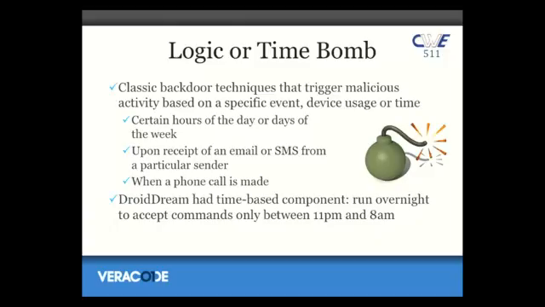Another thing to look for in malicious, risky code is logic or time bombs. And time bombs are probably much easier to look for than logic bombs. With time bombs, what you can do is look for places in the code where the time is tested, or an absolute time is looked for before certain functionality in the app happens.